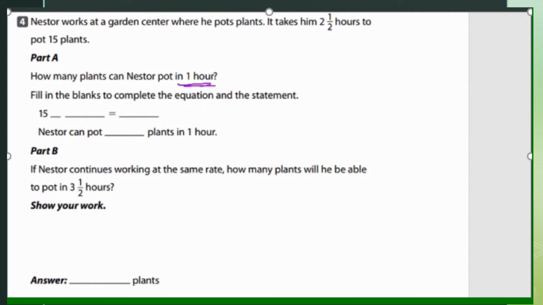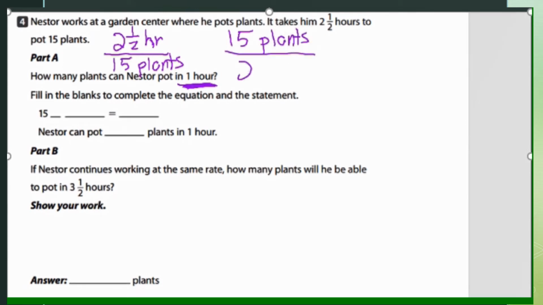I know that there's 2.5 hours to plant for each 15 plants. Now, since I need 1 hour in the denominator, I need to start off with hours in the denominator. So I'm going to take the reciprocal of this rate, 15 plants per 2.5 hours.